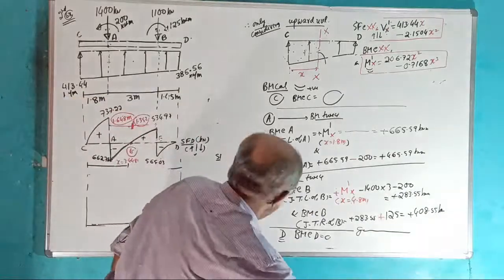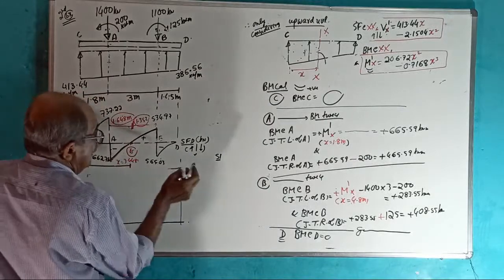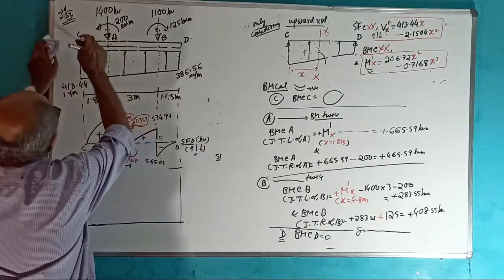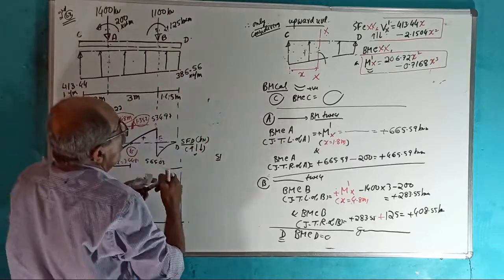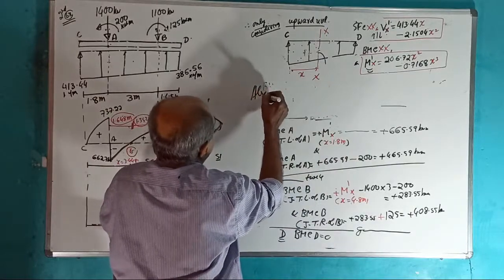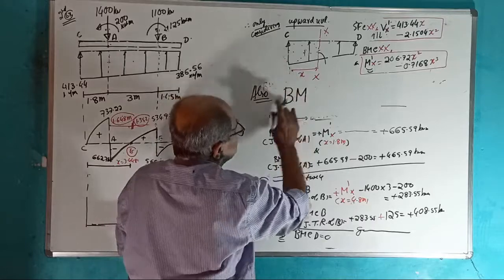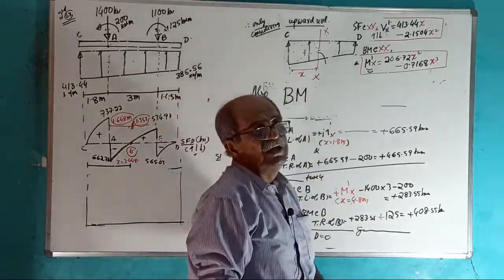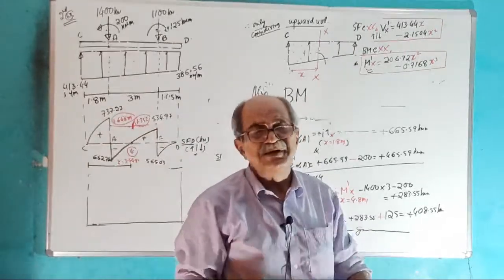Now, incomplete. Why incomplete? Tell me. You got BM at C, BM at A, BM at B, BM at D. No. You also require BM at those points where shear force is either 0 or the shear force diagram crosses the baseline.